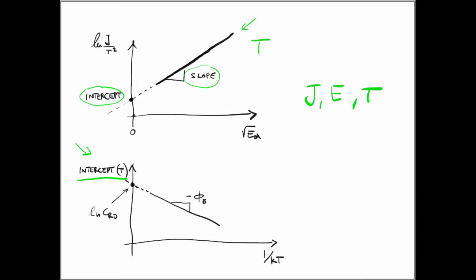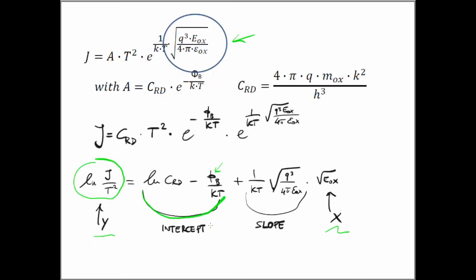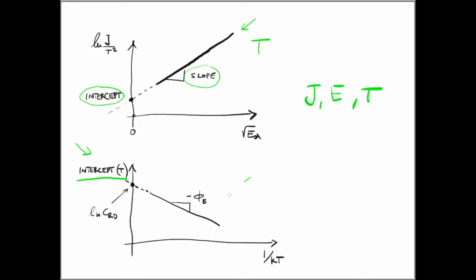This is because if we look at the intercept, this effectively is a linear relationship. If we look at phi b as a parameter, 1 over kT here would be our variable, which we can call x. ln CRD is a constant, so this effectively is representing a straight line in this plot here.